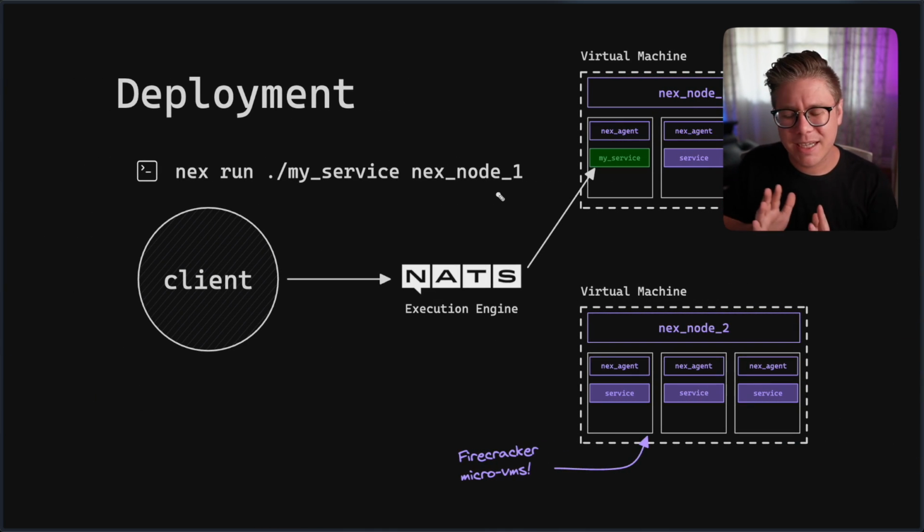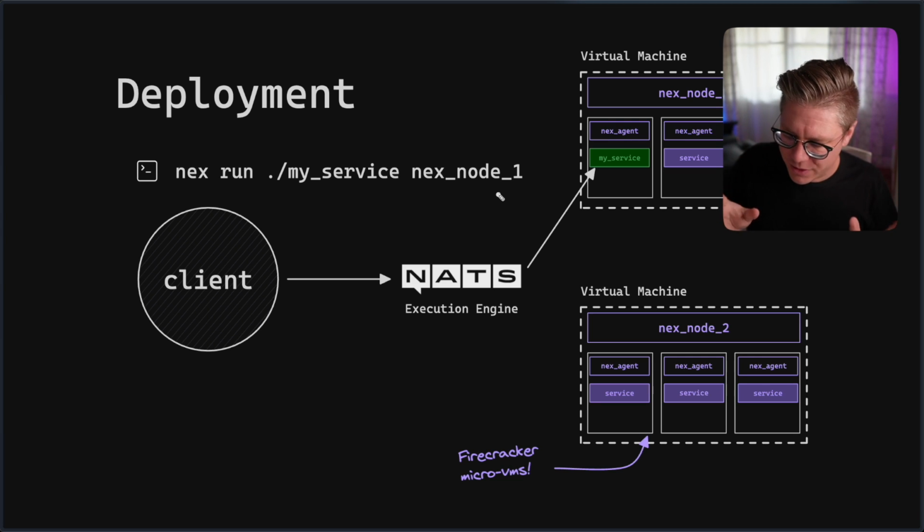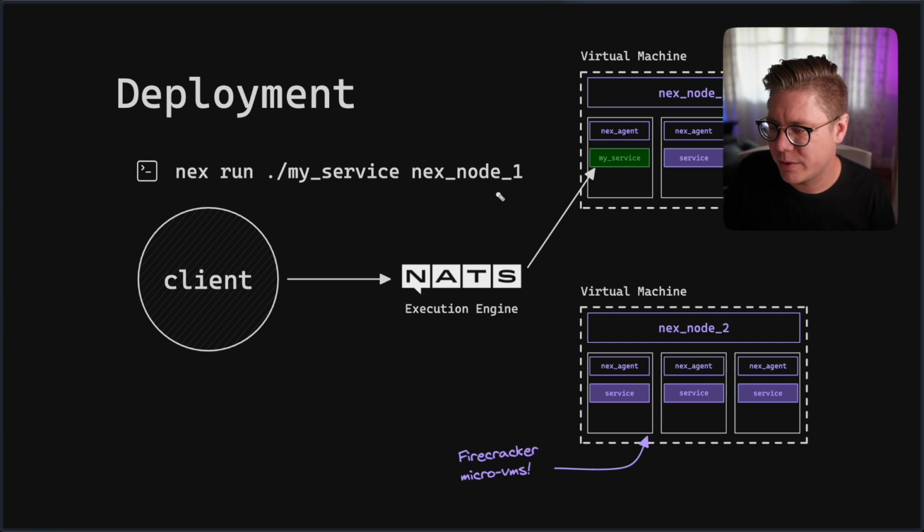And lastly, I wish I had a demo for this, but this demands its own complete video. But deployment is another thing that's huge for microservices. And a lot of folks will use Nomad or Kubernetes or even one of the dedicated cloud providers' container runners to be able to do that.